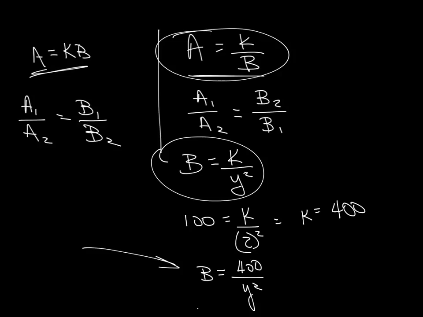So this is my equation in order to solve what they're asking. How many blues go with 10 yellows? So we're still looking for blues, but we have 10 yellows, and we'll square that. So go ahead and solve that, and you'll end up with B equals 4.